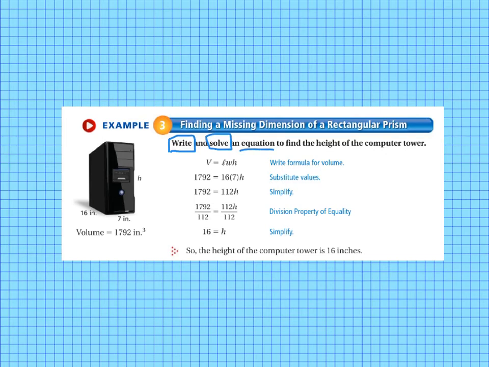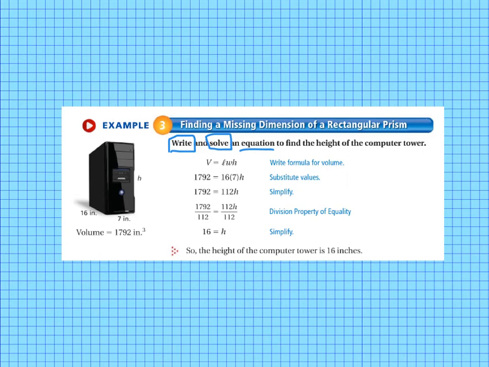So you would be being asked for two things, not just the solution, but also for the written equation. Now, this happens quite a bit where you are given the volume, but you're missing one of the dimensions. So it's important that you think back to how to solve for a variable when you are doing these problems.